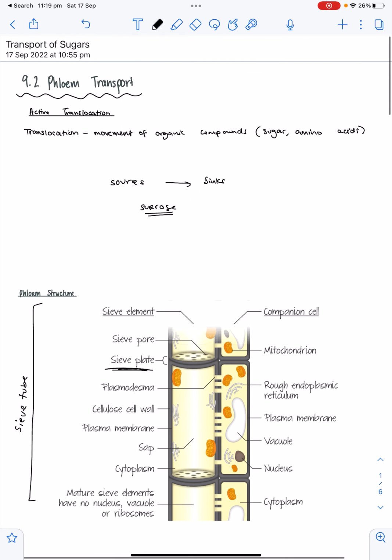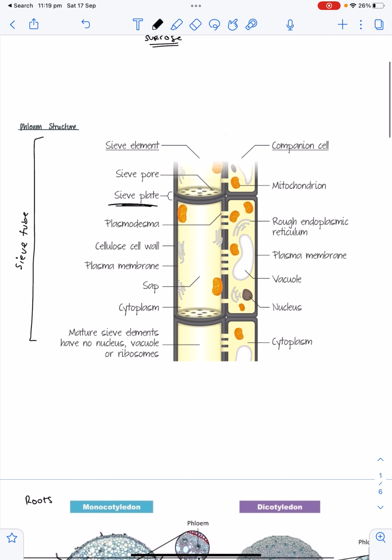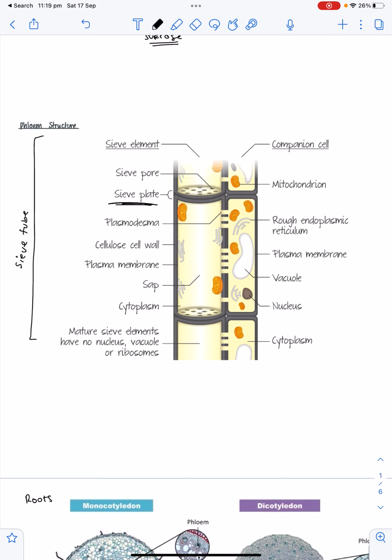So again, sap is basically just the viscous fluid of the phloem, which contains all of the organic compounds and nutrients. The sieve elements also have thick and rigid cell walls to withstand the high hydrostatic pressure that's required in phloem transport. I'll explain that later in the next section.